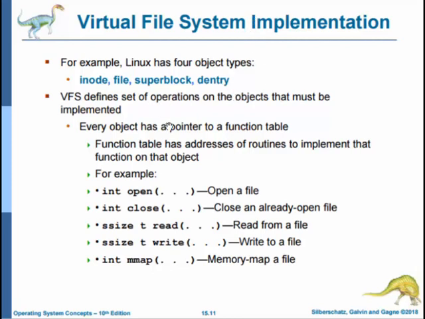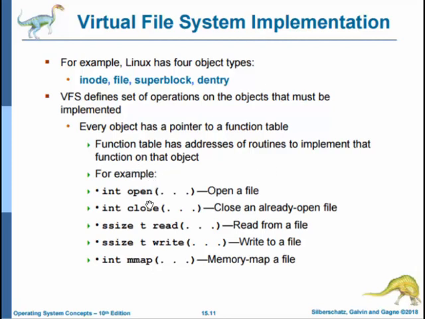For each of these four object types, the virtual file system defines a set of operations that may be implemented. And every object of one of these types contains a pointer to a function table.